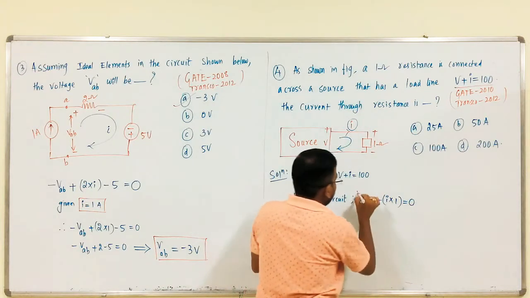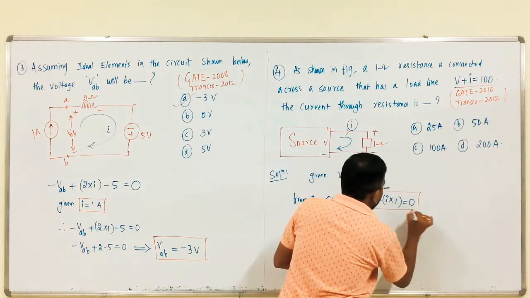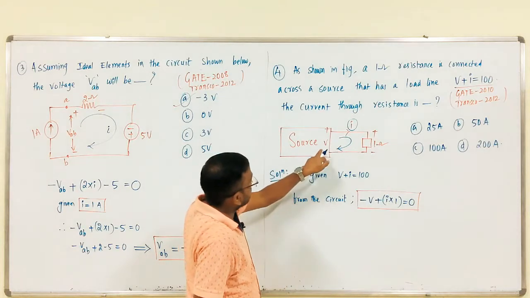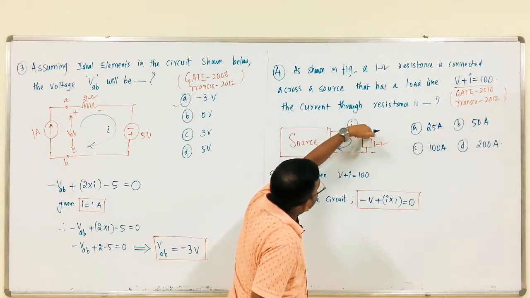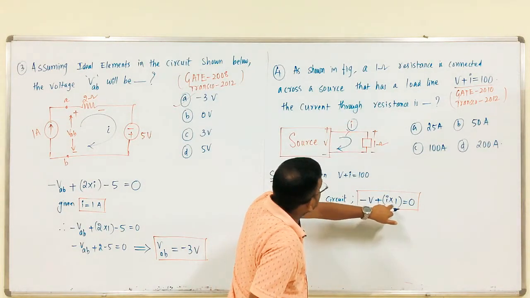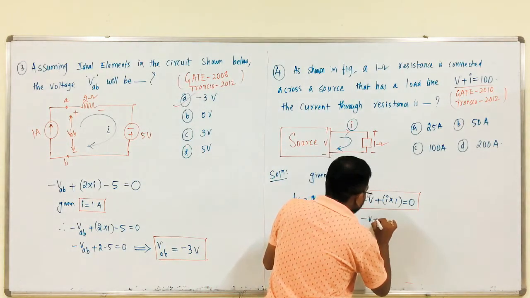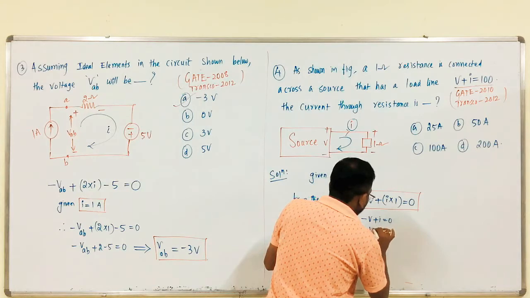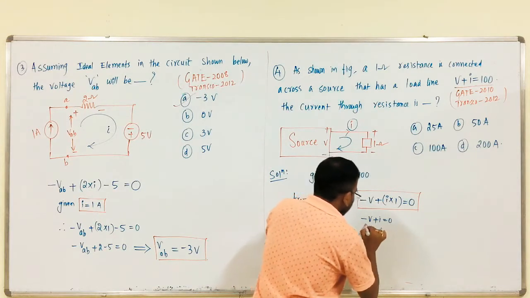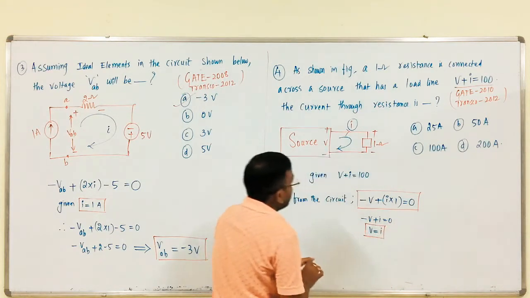This is the voltage balance equation by using KVL. Minus V plus I into 1. So, from this, minus V plus I is equal to 0. Therefore, V is equal to I. This is 1.